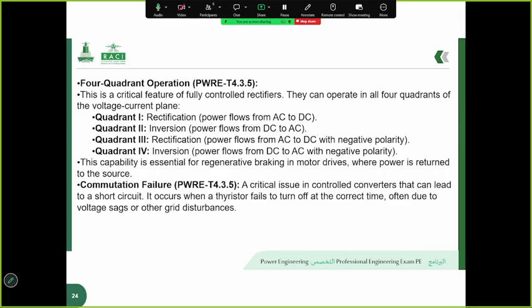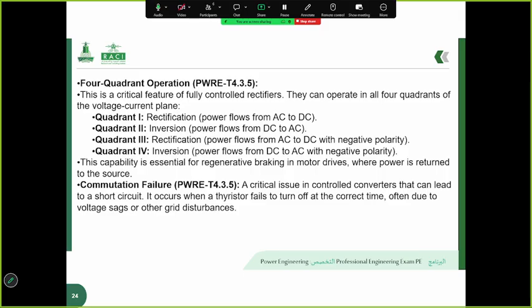In quadrant 1, the converter operates in rectification mode, where power flows from the AC source to the DC load with positive voltage and current. In quadrant 2, the converter operates in inversion mode, transferring power from the DC side back to the AC system.